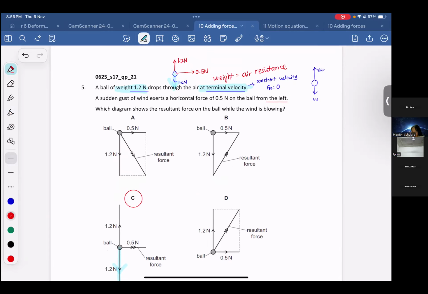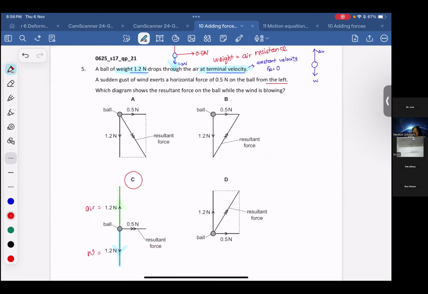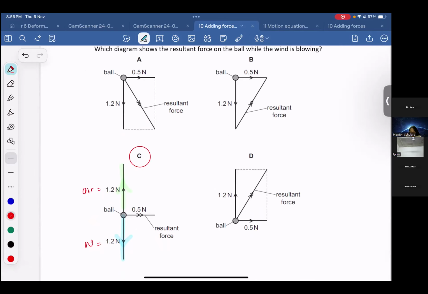So I'm not only having the weight, but I'm also having my air resistance. So this one is my air resistance. Here is my weight. Okay? Then the wind blowing 0.5 Newton from the left. So this is the vector diagram. And then which direction is your resultant force? Can you see this?